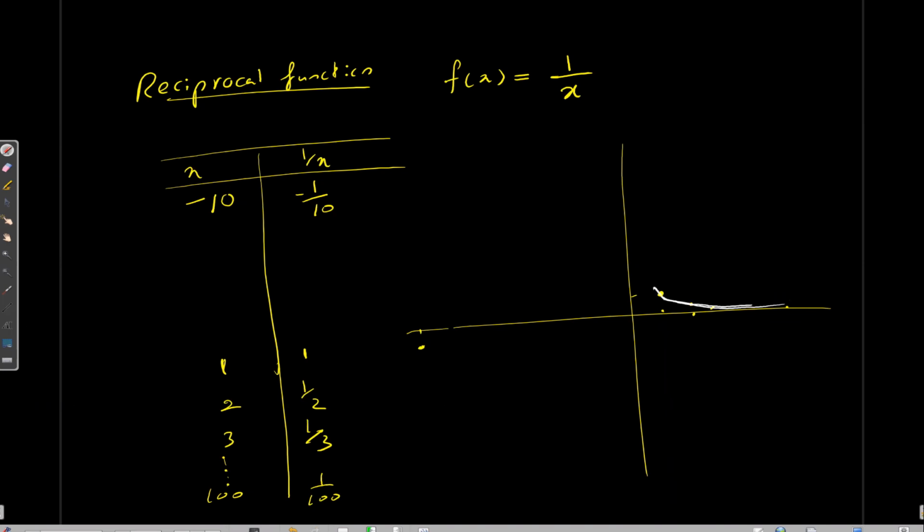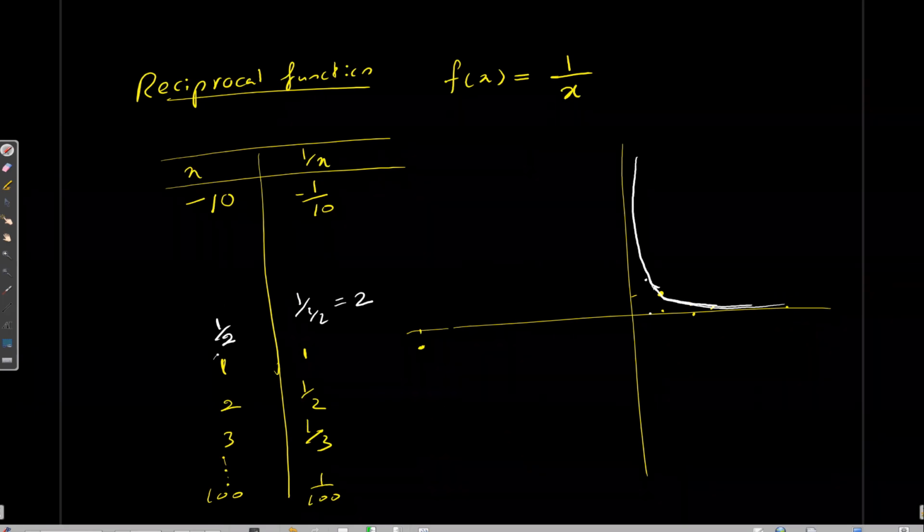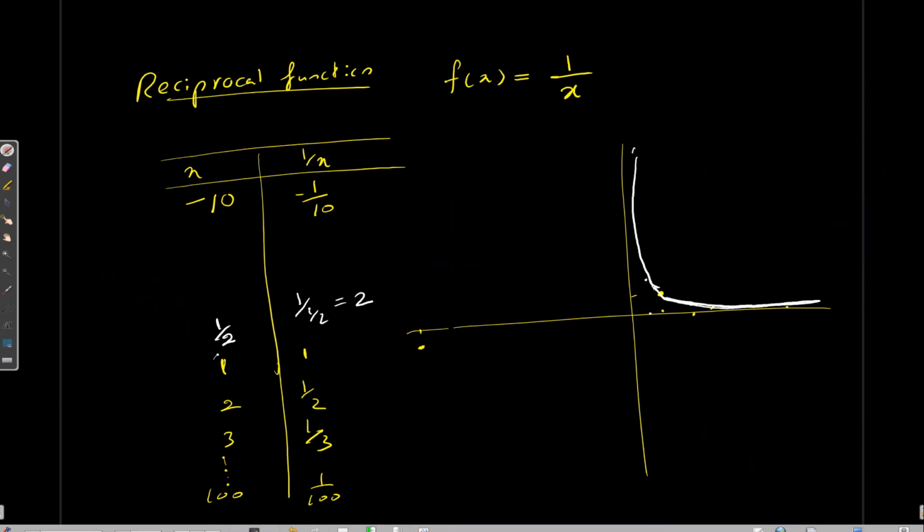And what about my x value between 0 and 1? What if I choose 1 half for x? Then 1 over 1 half, that means 2. See here, 1 half comma 2. So I will get a shape like this. Because look at this, 1 over x.